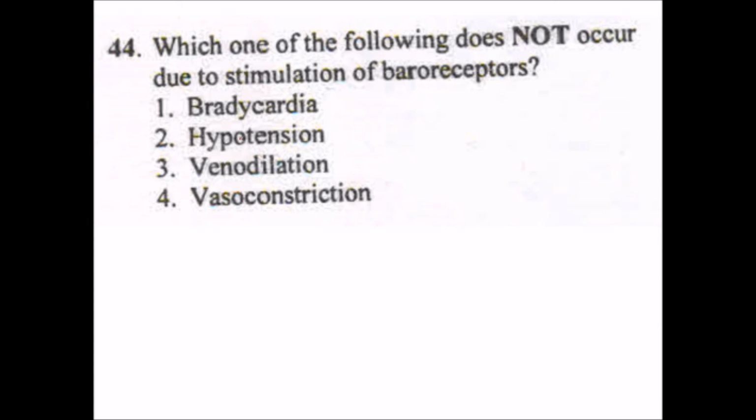And the options here, I am a little bit confused in this question, because the first option is bradycardia, which means a decrease in the pulse rate below the normal, and this happens due to overstimulation of baroreceptors. And second is hypotension, or low blood pressure. This obviously would not be there, because baroreceptors control the blood pressure, either by controlling the volume of the blood or by vasodilation or vasoconstriction of the vessels.